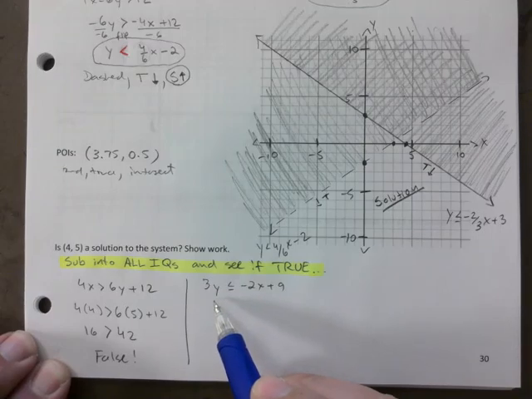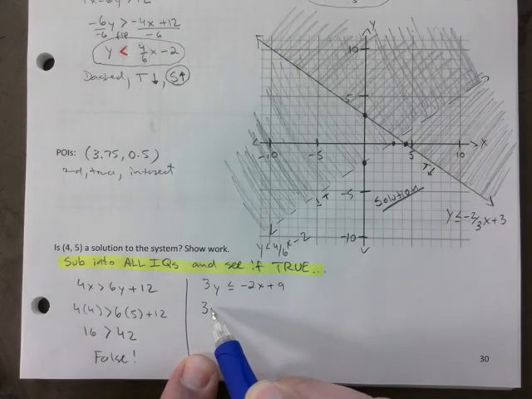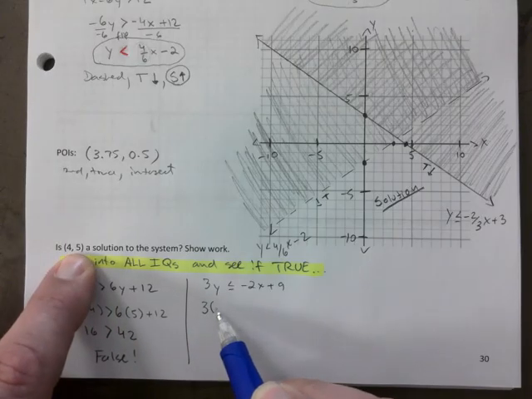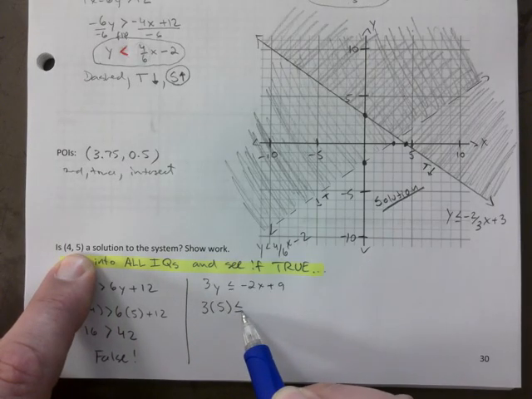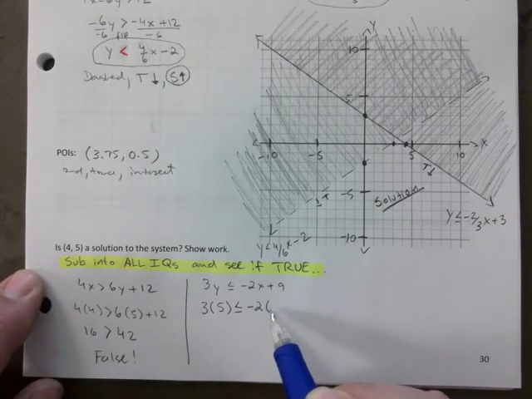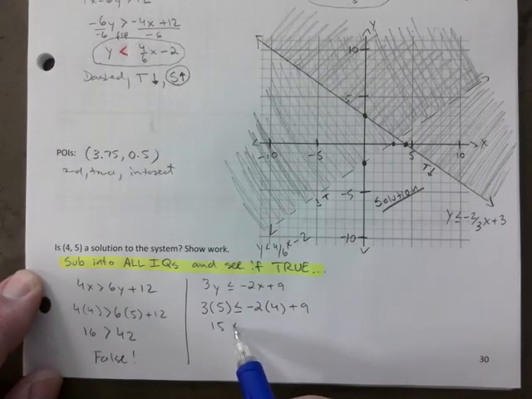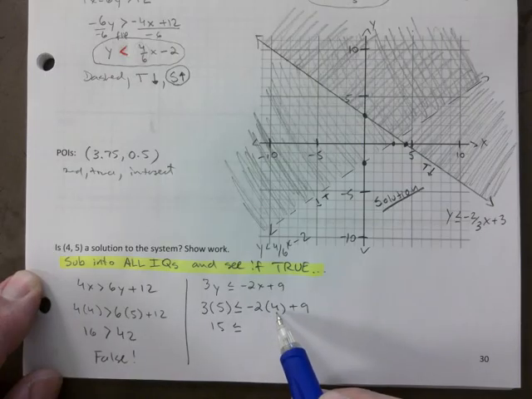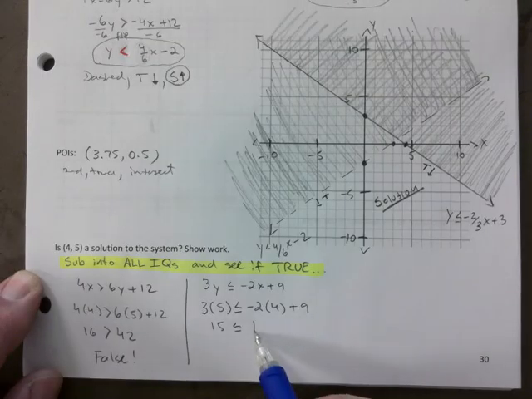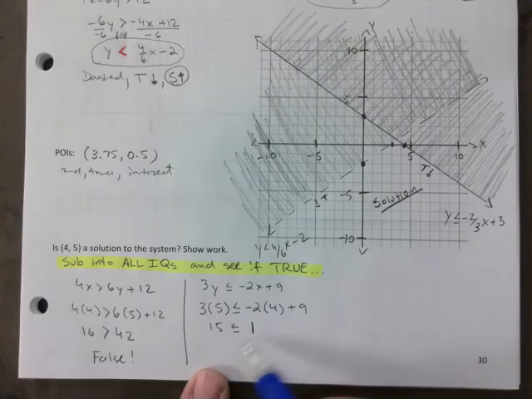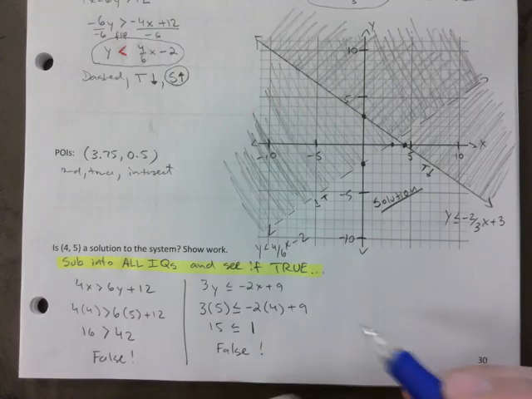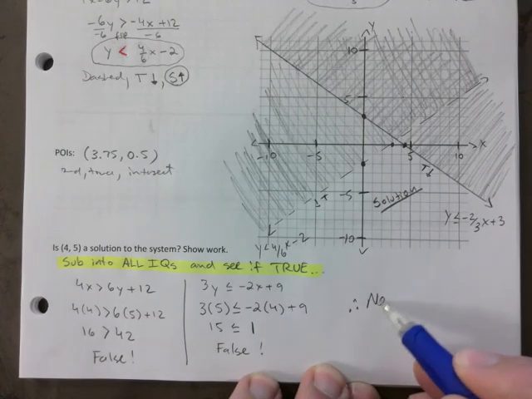Plug it in. You have to watch out because the y is here, right? So what would go in there? It's 3 times 5, so don't mix it up. And it's negative 2x plus 9. So that'd be 15, less than or equal to negative 2 times 4 is negative 8, plus 9 is positive 1. And you can also tell that this is false. Therefore, not a solution.